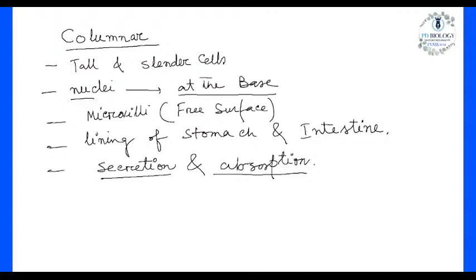So there are some modifications of columnar and cuboidal cells. As we know, some columnar cells are modified by ciliated epithelium.